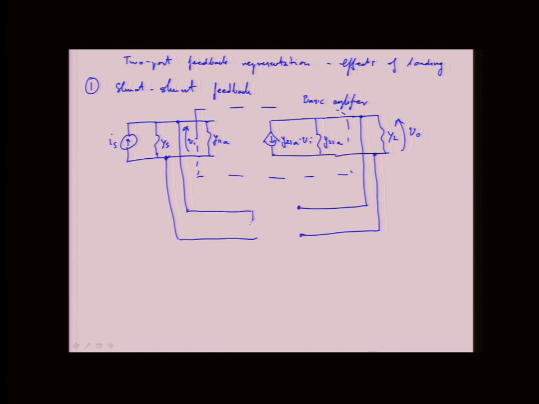So this feedback has to produce Y12F times V0. So this is V0, and then this would be the feedback circuit. This current here would be I feedback, essentially.